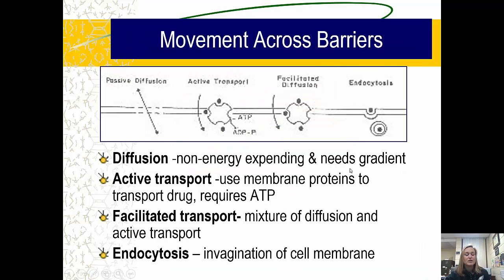Diffusion is non-energy expending, needs a gradient, but it can be really fast. Active transport requires ATP, and facilitated is a kind of mixture of both. And then endocytosis is invagination into a cell membrane. So it really depends on the chemical makeup how quickly it can move across a barrier, but the quicker and more easily it can move across a barrier, the more readily it is absorbed.